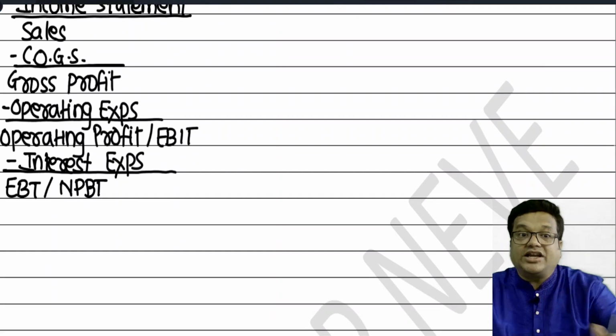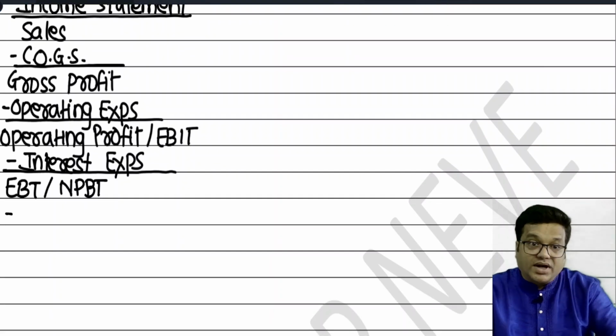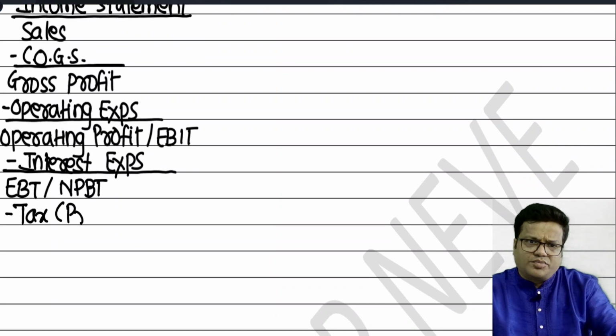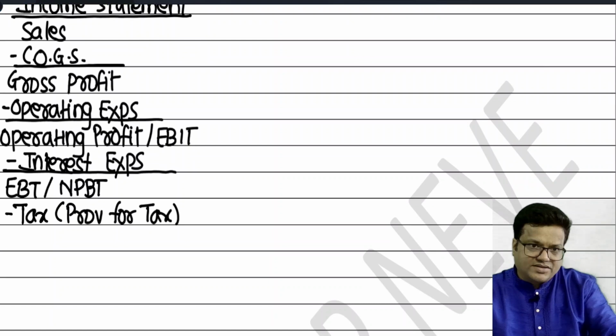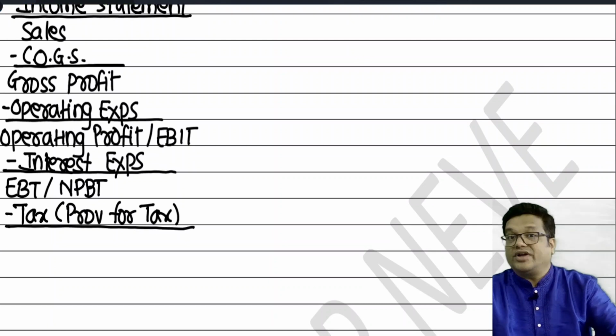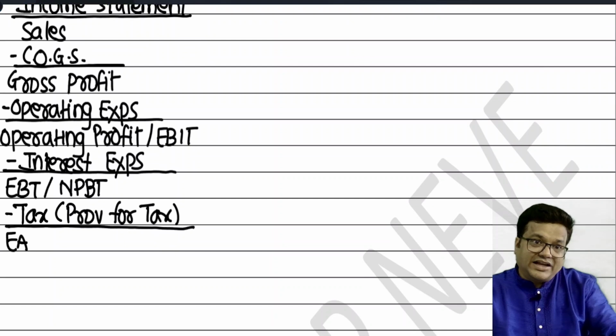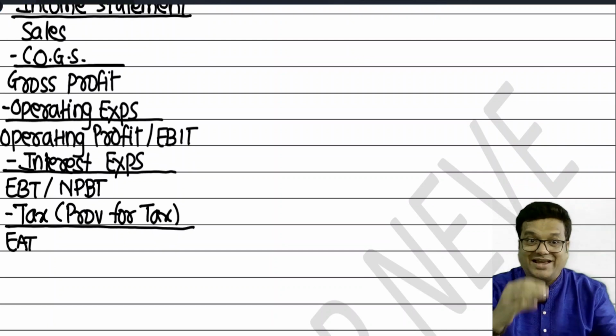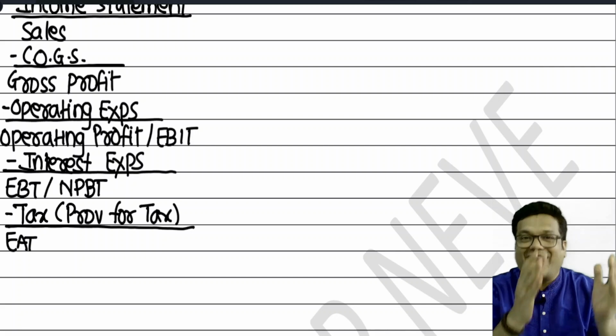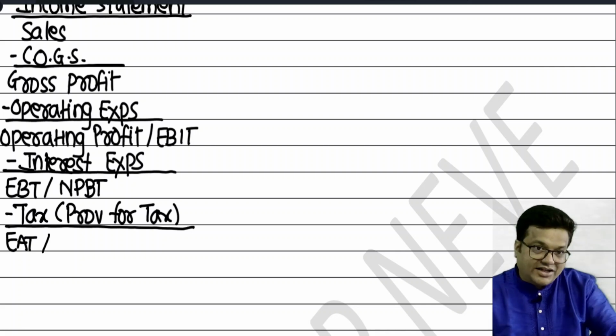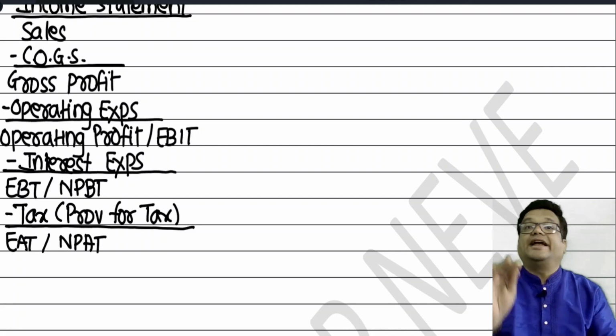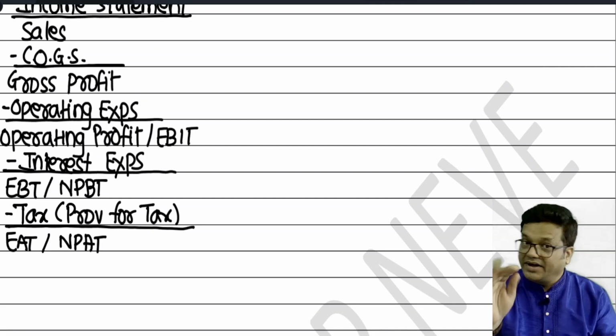From NPBT, what do we deduct? We deduct tax, that is, provision for tax. Obviously, what we are left with will be EAT. Don't think about eating. EAT is earnings after tax, also called NPAT, net profit after tax.